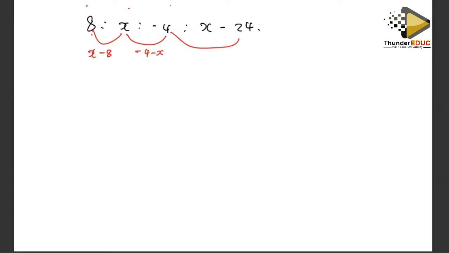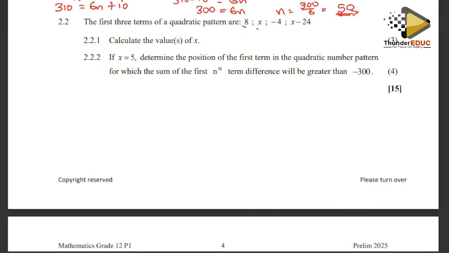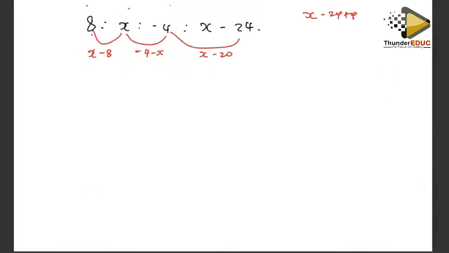So it's going to be x minus 24 plus 4, which is x minus 20. How many terms do we have? It's 1, 2, 3, and 4.